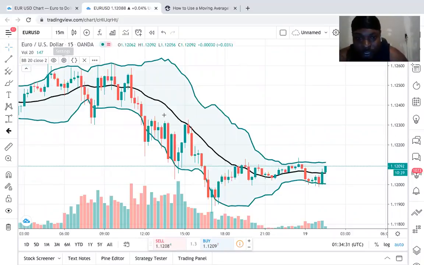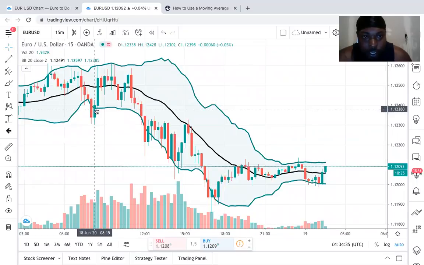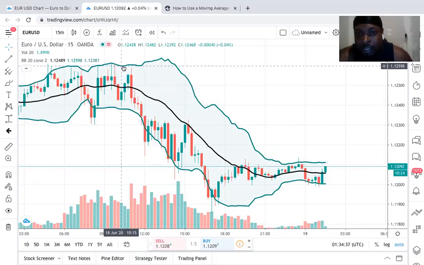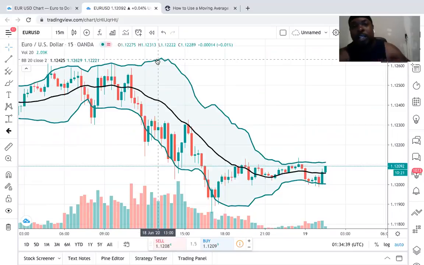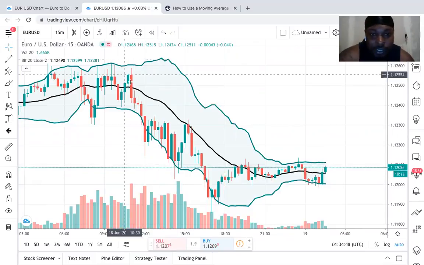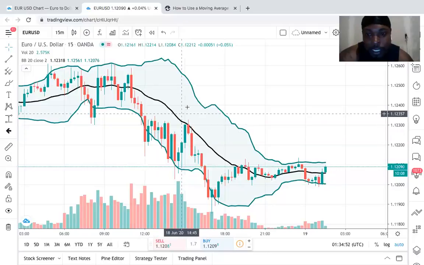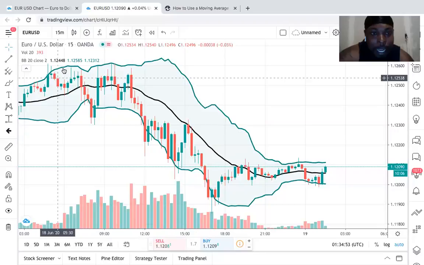Once price hits this outer band, what does it do? It comes back up. The Bollinger Bands are like moving support and resistance, that's what I like to call it, the support and resistance that keeps on moving. It hits this level right here and bounces back up.